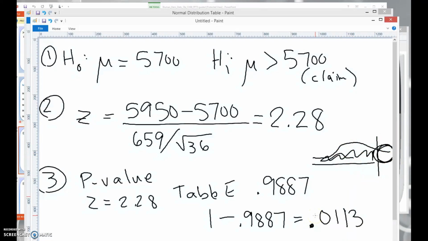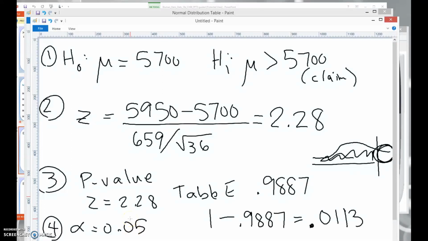Now that you have identified the p-value, we want to compare it to our alpha. Now our alpha was 0.05. How does our p-value compare to our alpha value? We'll notice that it is less than our alpha value.